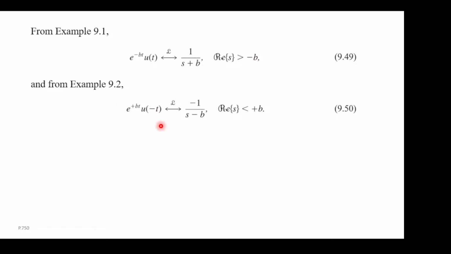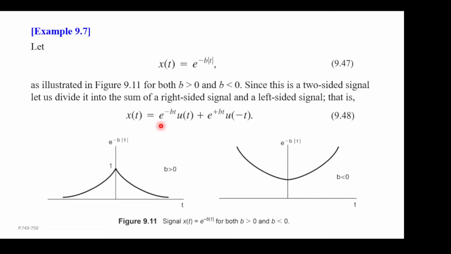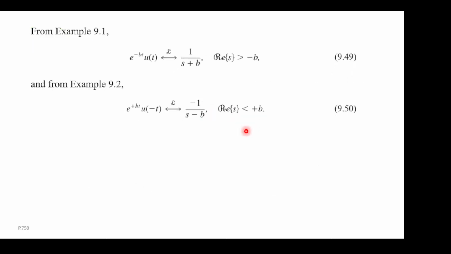And then we also have the e to the plus b part, for the negative part, because for negative t the absolute value sign gives the extra negative sign here. So e to the plus bt u of minus t. We didn't have this before, but we had example 9.2, the minus e to the minus bt u of minus t, which goes to 1 over s plus b.